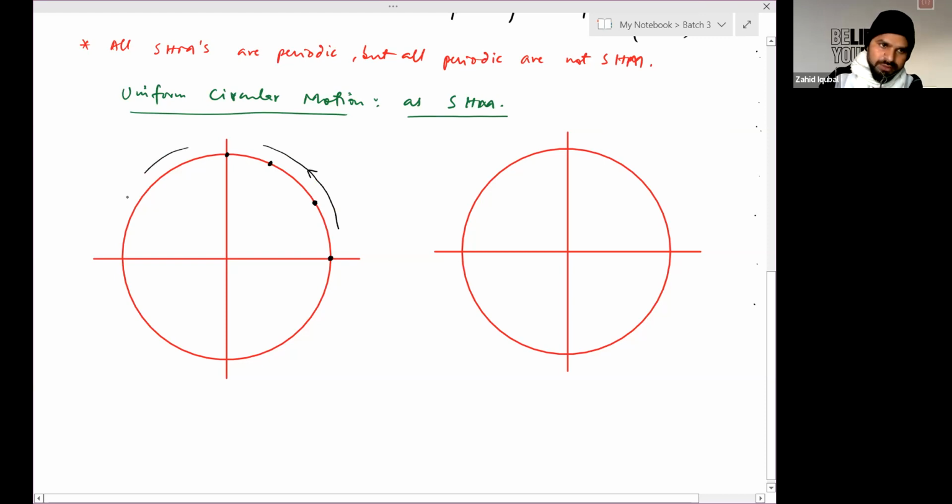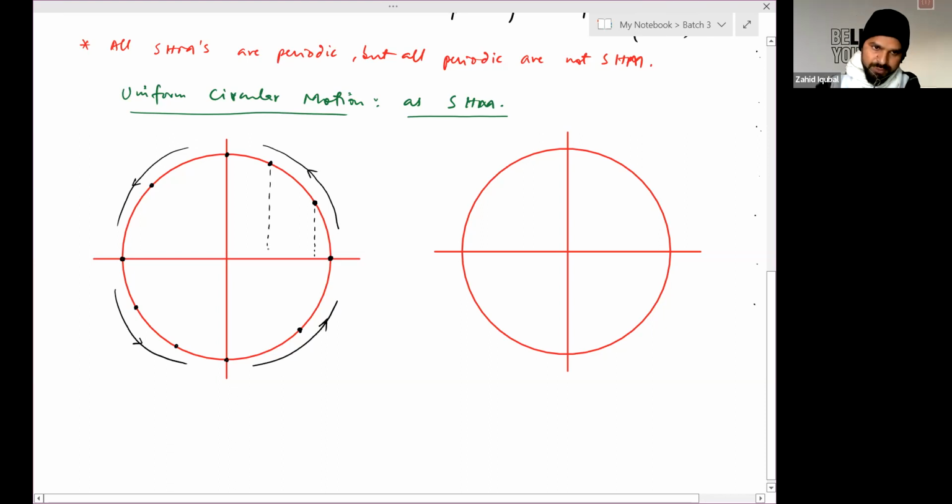Similarly, on going along this path, at some time it will be at this point, this. If you draw its projection, meaning its shadow over the x-axis, its projection will be at this point.